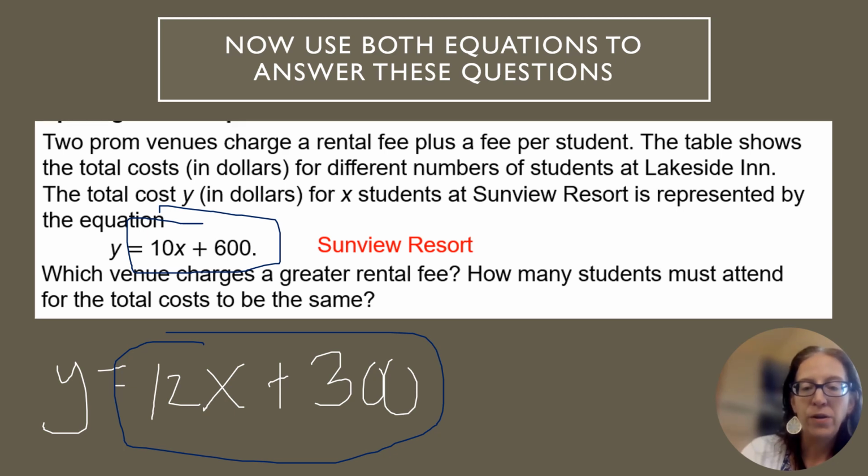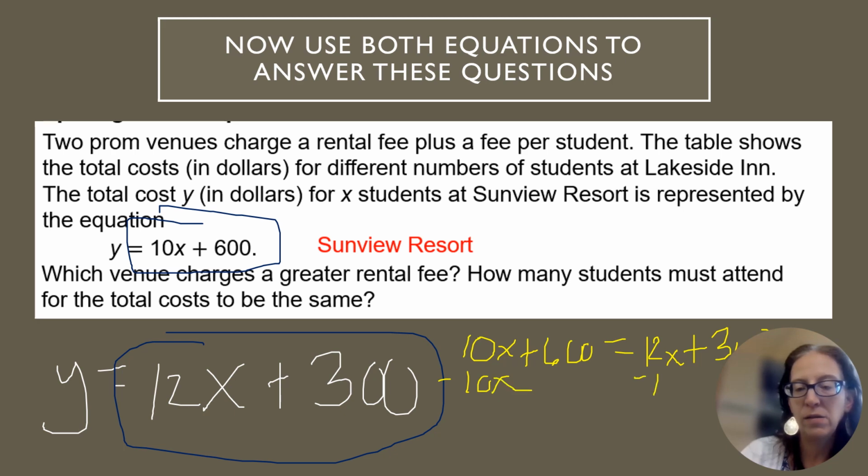So you could set that up by saying, when does 10x plus 600 equal 12x plus 300? Let's go ahead and subtract the 10x from both sides. And we get 600 equals 2x plus 300.